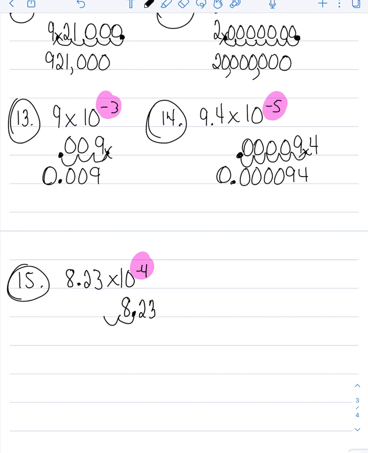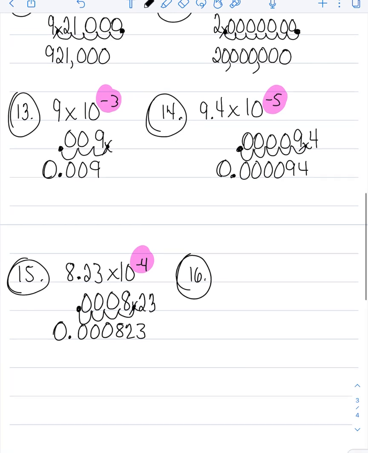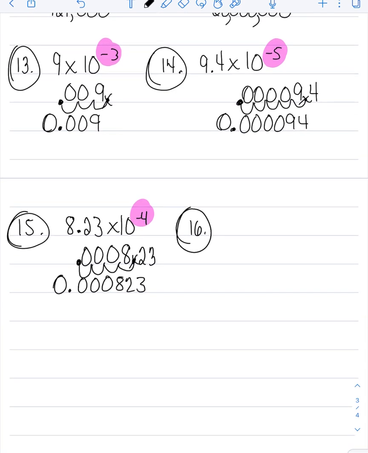So 1, 2, 3, 4. There's my new decimal. That one's moved. 1, 2, 3. So in standard notation, or standard form, 0.000823 is our number.